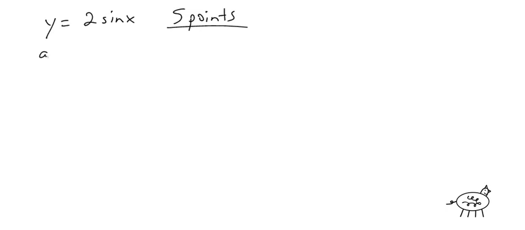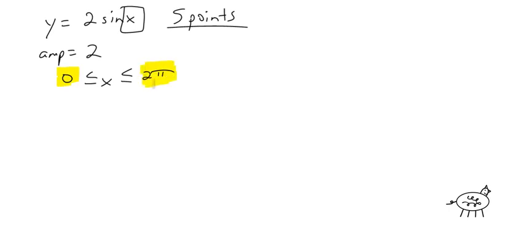First of all, the amplitude for this problem is 2. Then what you're going to do is set up a compound inequality. X is between 0 and 2 pi, and that's always the case. So I'm going to highlight that. It's always between 0 and 2 pi for sine of x and cosine of x.